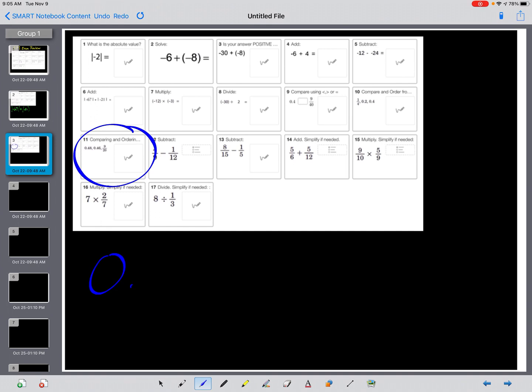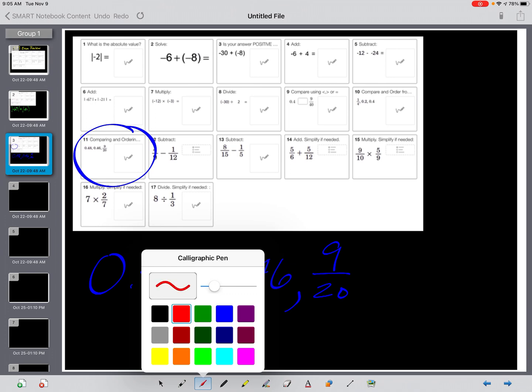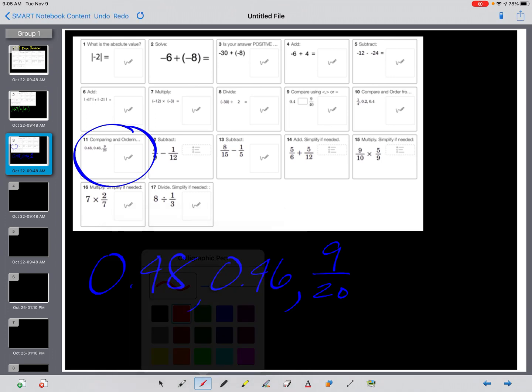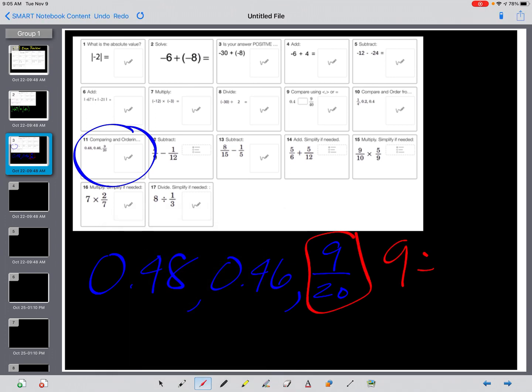Same thing here. We have 0.48 versus 0.46 versus 9/20ths. You're going to want to change 9/20ths to a decimal right here. And again, you can use division for that. Okay, and that's going to give you 0.45.